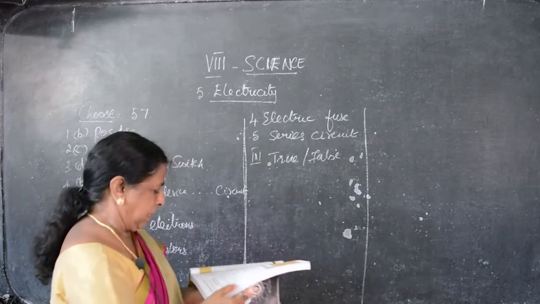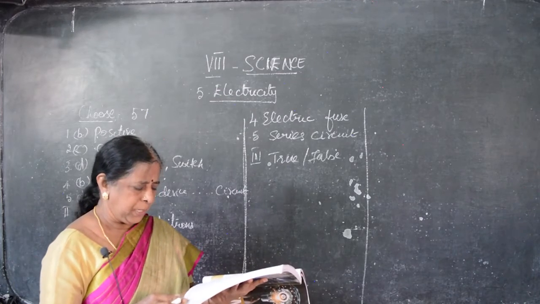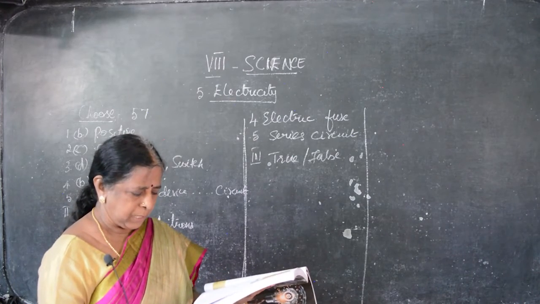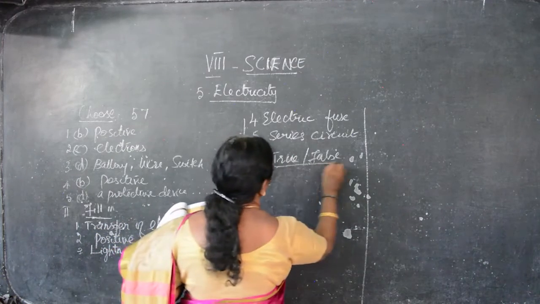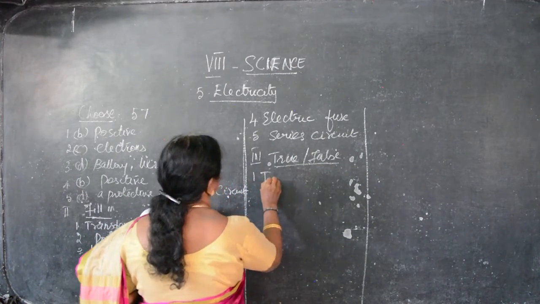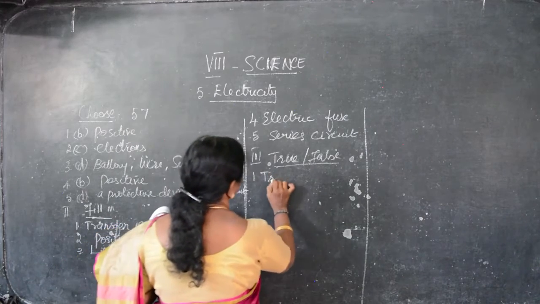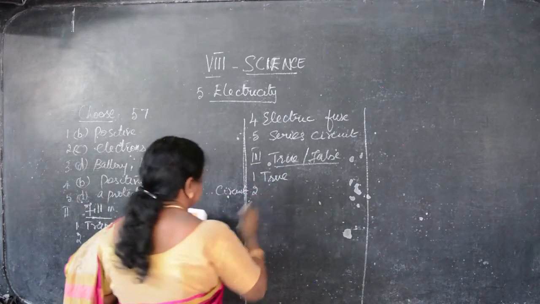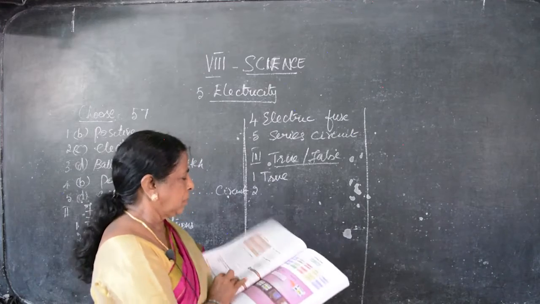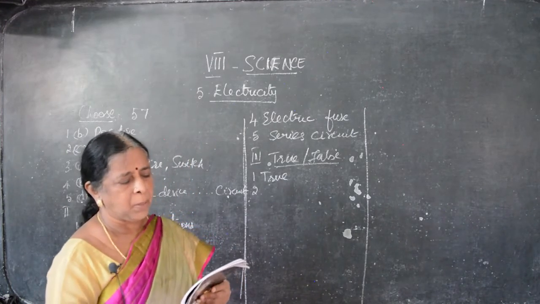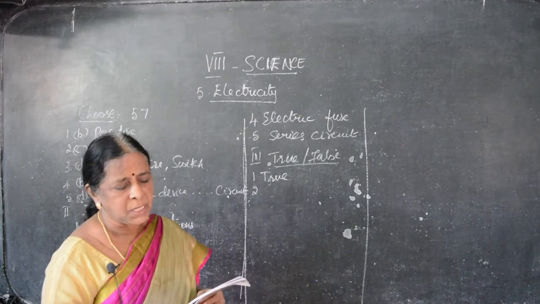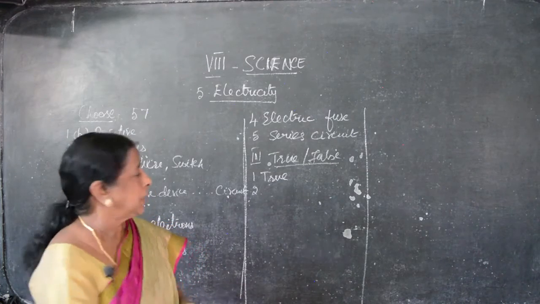The charge acquired by an ebonite rod rubbed with piece of flannel is negative. First one is true. Second one, a charged body induces an opposite charge on an uncharged body when they are brought near. That also true.